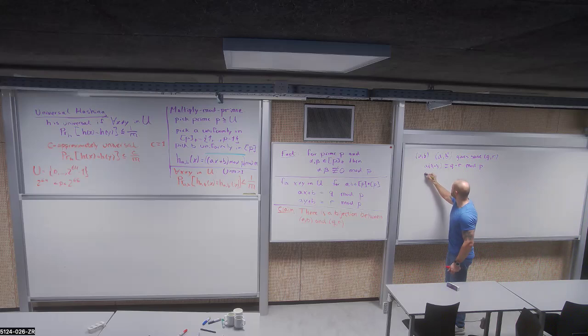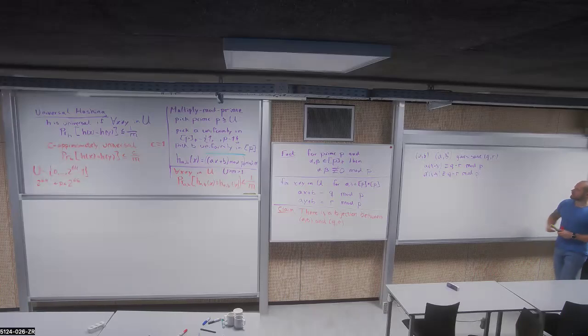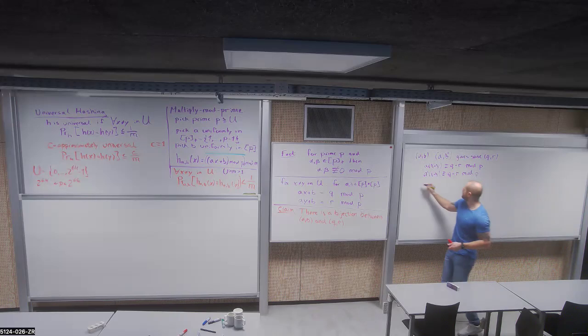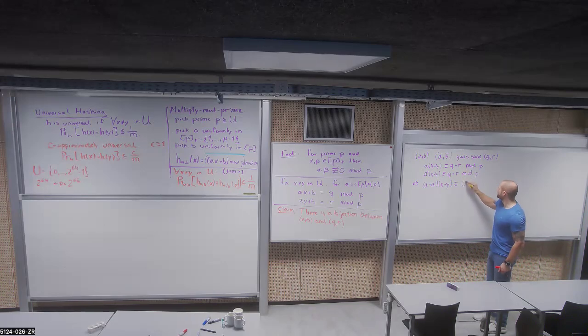Then I get A prime times X minus Y is also congruent to Q minus R mod P. Then I can subtract these two from one another, and I get A minus A prime times X minus Y is congruent to 0 mod P.